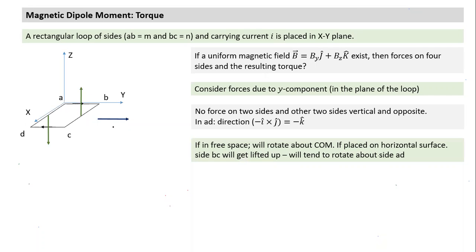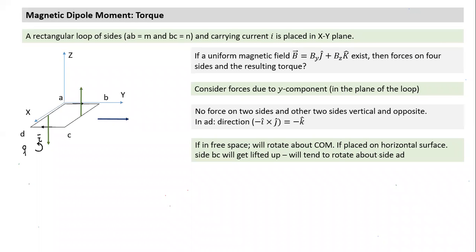If it is in free space, what will happen if forces are acting in this fashion? This force is trying to push it down and this force is trying to push it up. So the coil will tend to rotate. If I stand here, it will appear to be rotating in an anti-clockwise direction, and this is the sense of the torque.